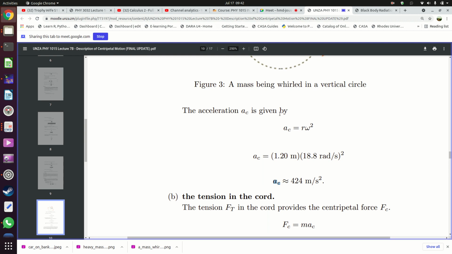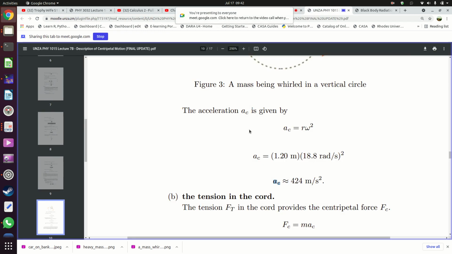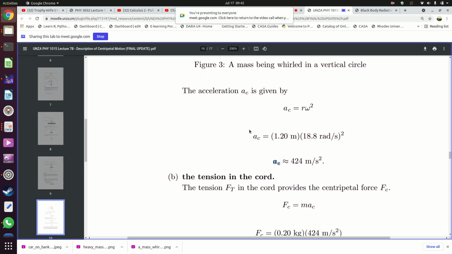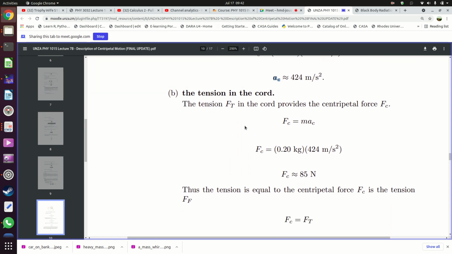Yes, sir. Okay, now that we have our acceleration and we know the mass attached to the rope, which is 0.2 kgs, we can find the centripetal force. The centripetal force F_c required to keep this mass moving in a circle is the mass multiplied by the centripetal acceleration.